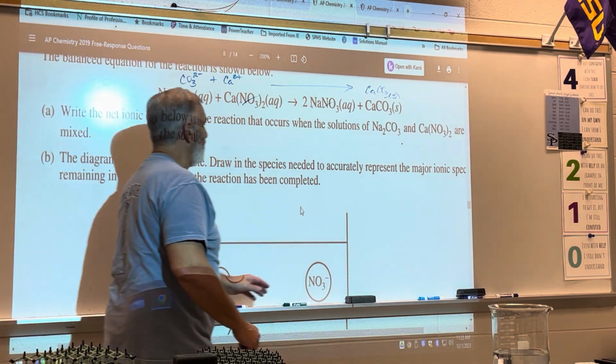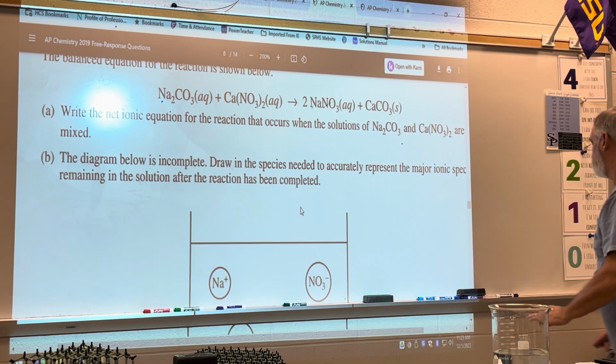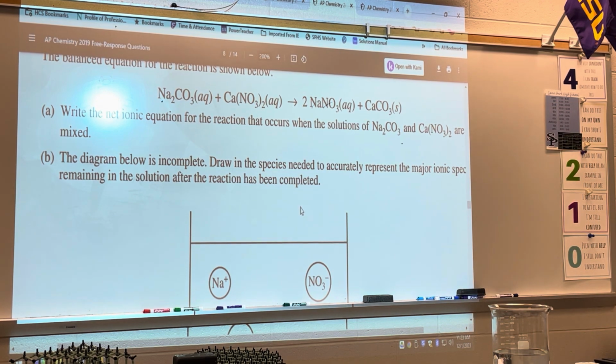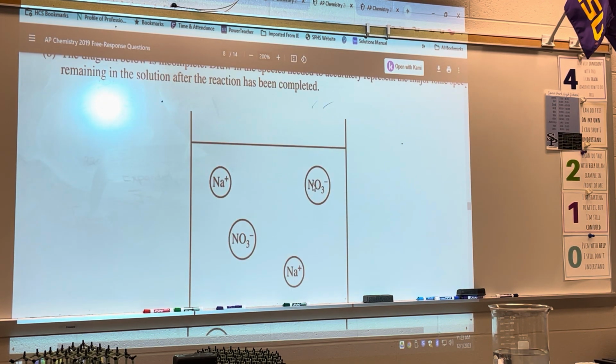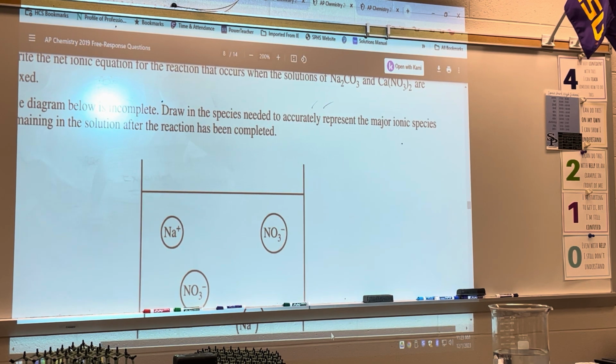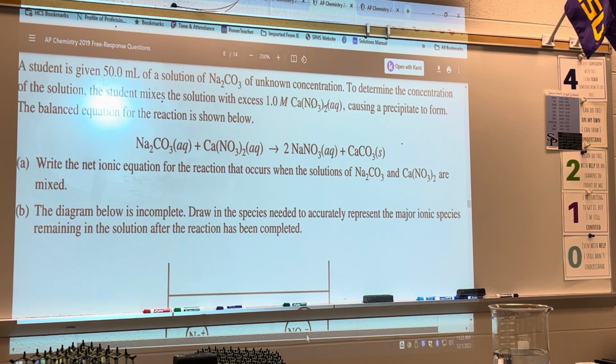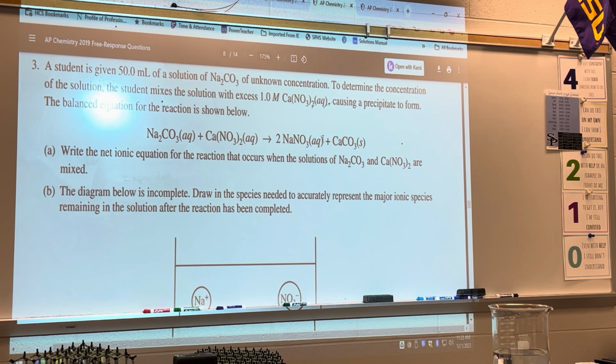But in this diagram below, you have to draw the species needed to accurately represent the mixture, okay? So we just did this. A student is given 50 milliliters of sodium carbonate of unknown concentration.